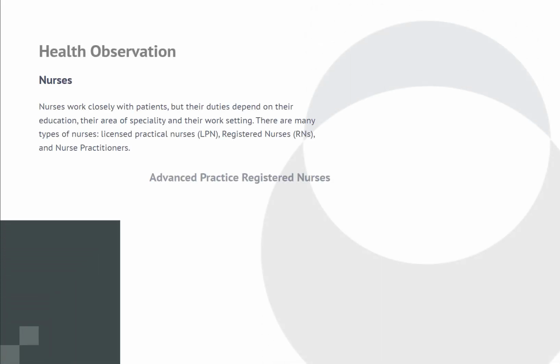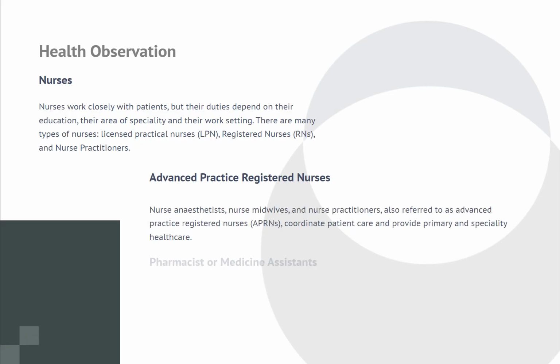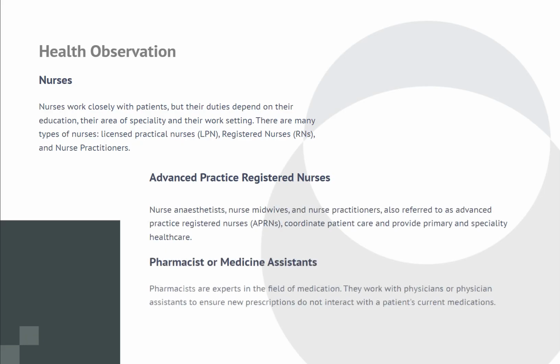Nurses. Nurses work closely with patients, but their duties depend on their education, their area of specialty and their work setting. There are many types of nurses: licensed practical nurses, LPNs, registered nurses, RNs, and nurse practitioners. Advanced practice registered nurses.